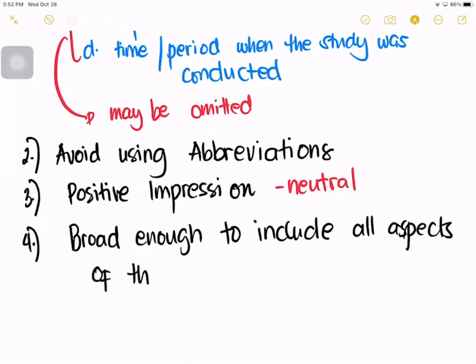This is quite a handy guideline because sometimes our tendency is to create a title that's very impressive, wherein if we review it, it's very broad that the reader will not be able to figure out what the study really is or establish the direction of where the study is headed. So it's advised that we make it broad enough but not too general and not too specific.